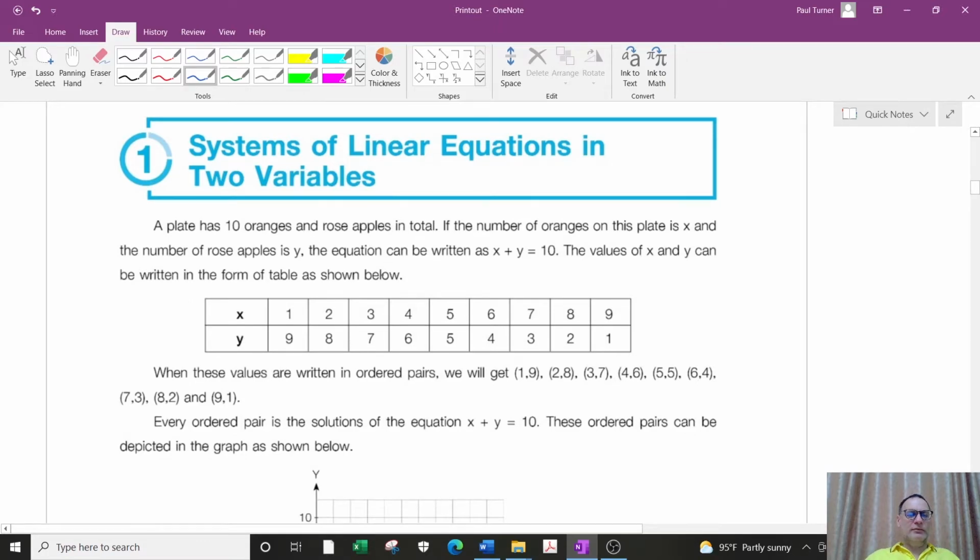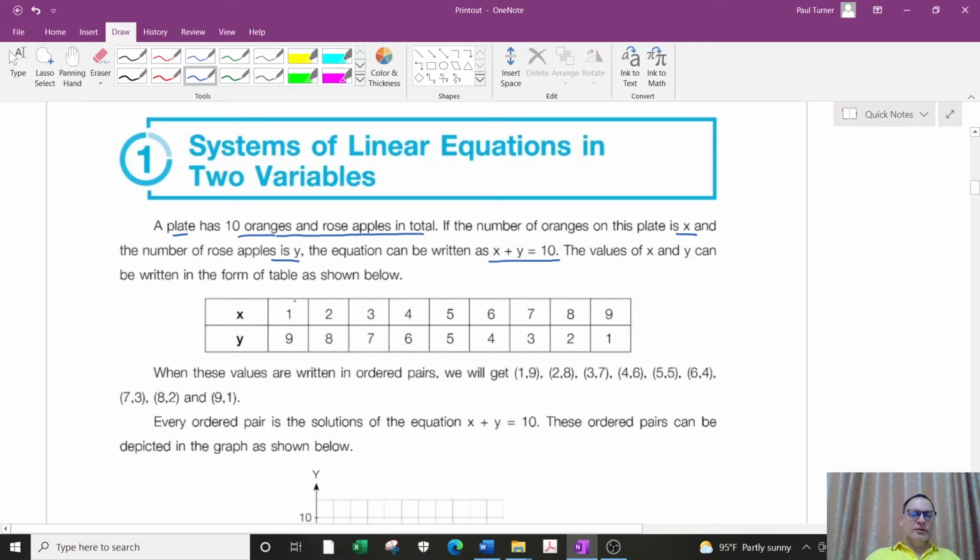So in part 1, let's look at this example. We have a plate with 10 oranges and rose apples on it. 10 fruit in total. If the number of oranges on this plate is x and the number of rose apples is y, then we can write the equation x plus y equals 10. And as I just said, this has multiple answers.